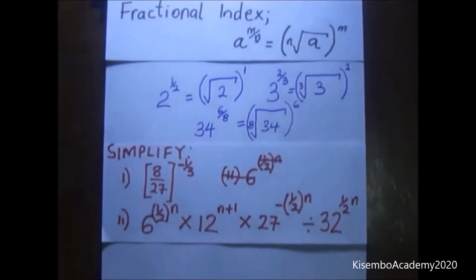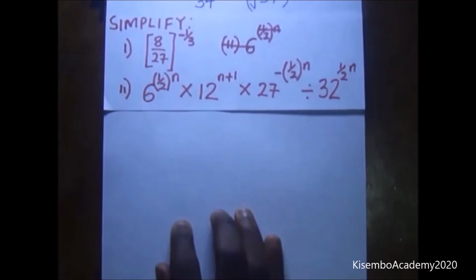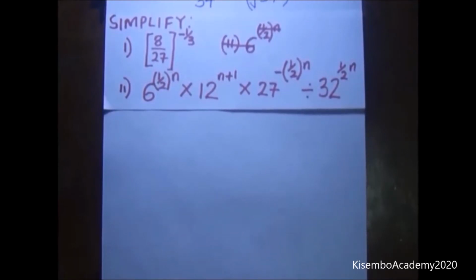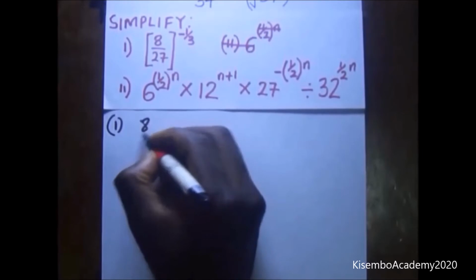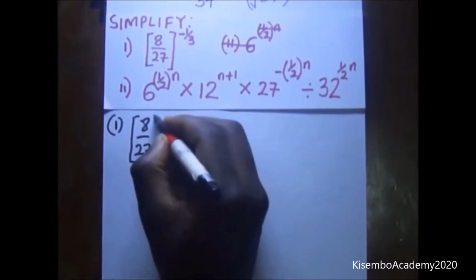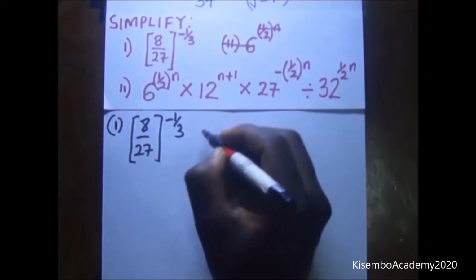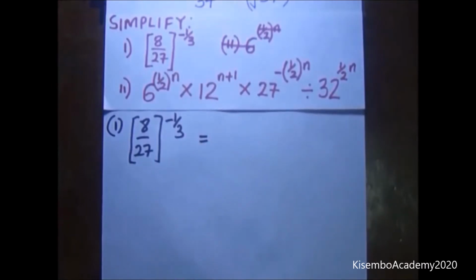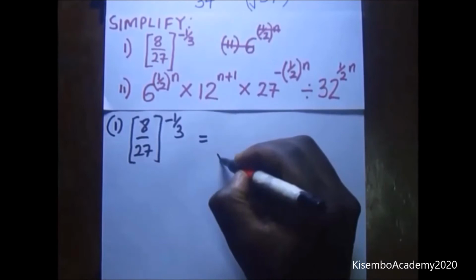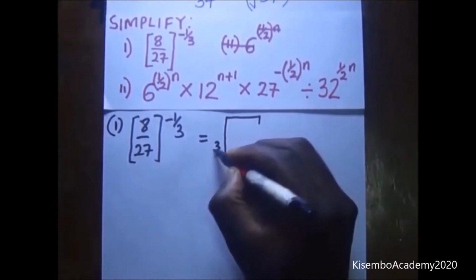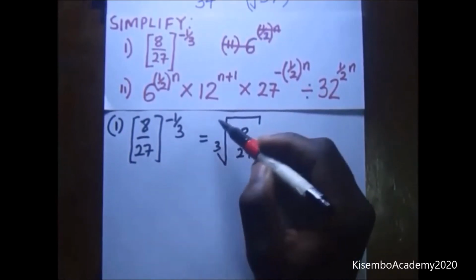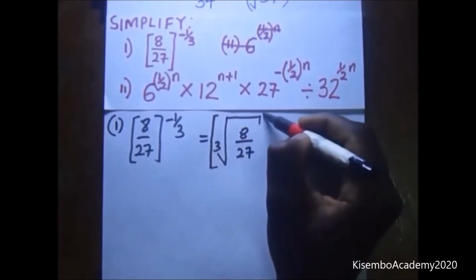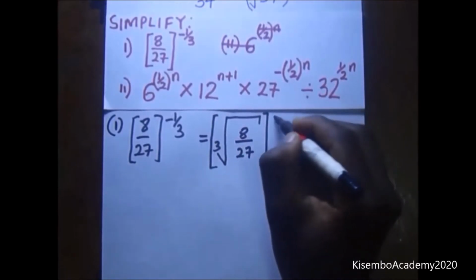Our first example, simplify (8 over 27), all that is to the power negative a third. Remember, this is the same as saying it is the third root of this whole thing, so it's going to be the third root of 8 over 27, and all of it is going to be to the power negative 1.